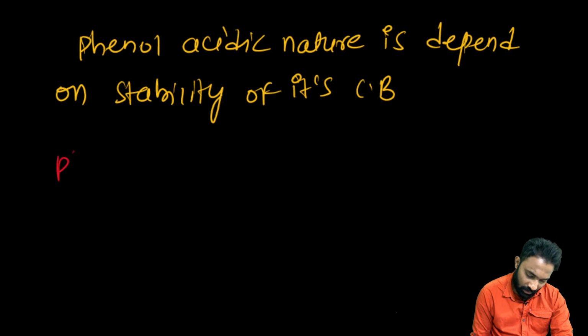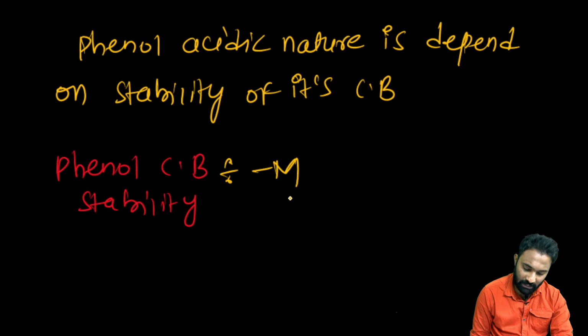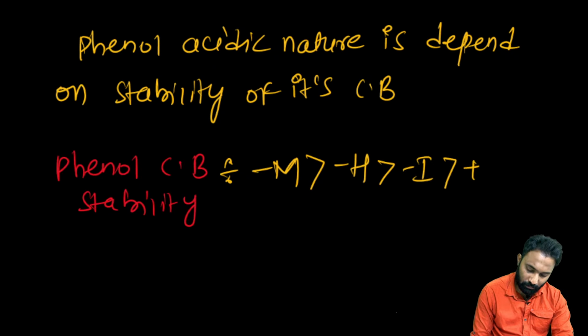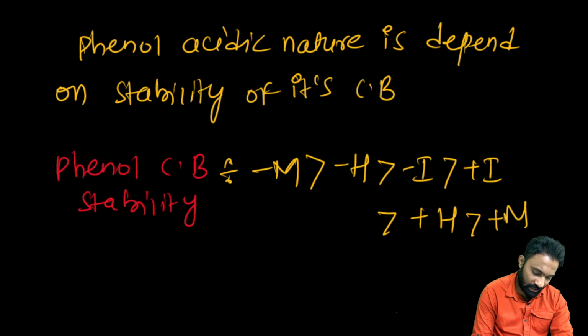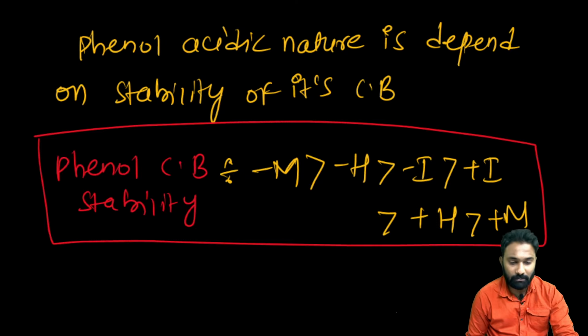Now the phenol conjugate base stability order: first minus M will stabilize that conjugate base, next minus H, next minus I, next plus H, plus I, next plus H, and last will be plus M. This is the order for the stability of that conjugate base.